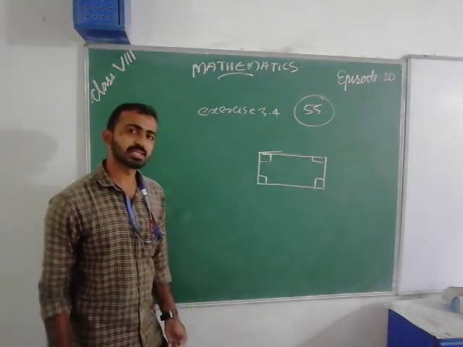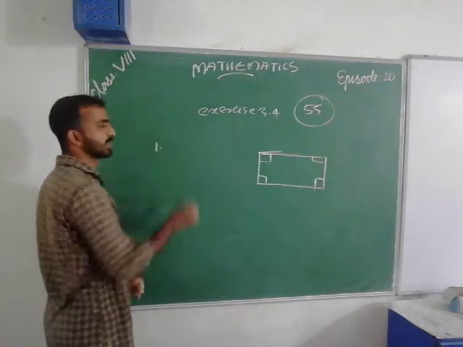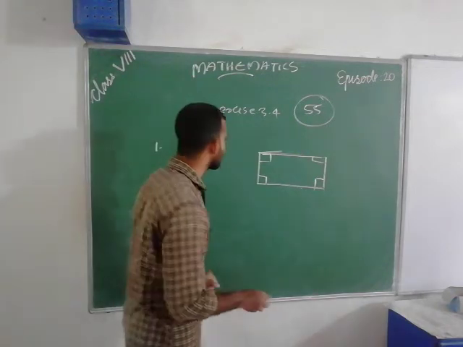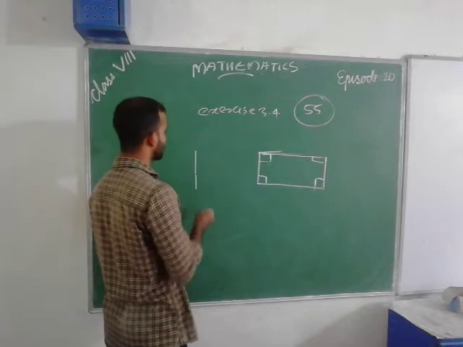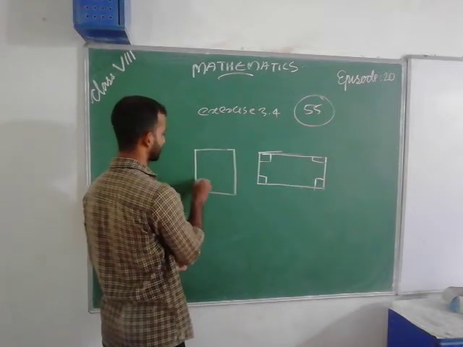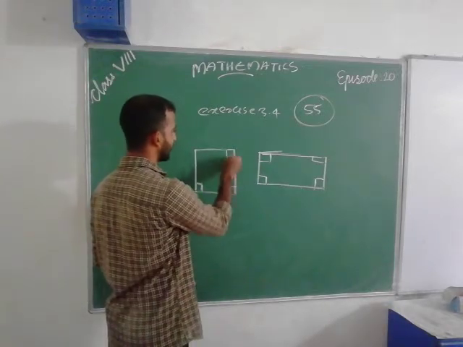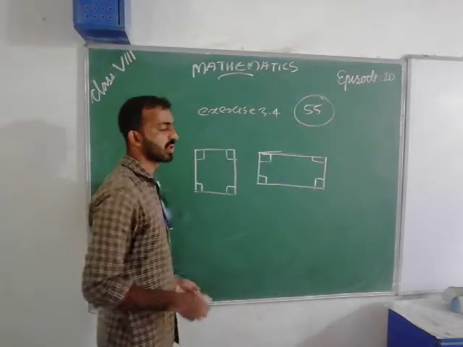A rectangle is also a parallelogram, and a square is also a parallelogram. But here the angle is 90, here is also 90, here is also 90, and here is also 90.